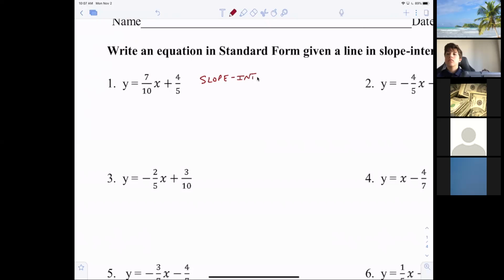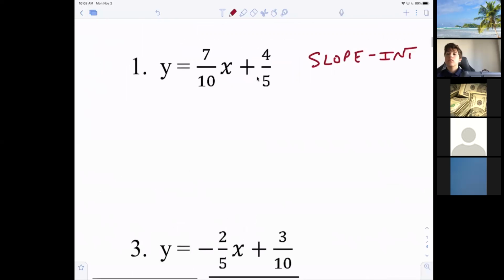Those who have trouble with fractions, this is a good lesson because we can review them. So the question is, what do I need to multiply this equation by to get rid of both fractions? You're multiplying by 10. Very good.